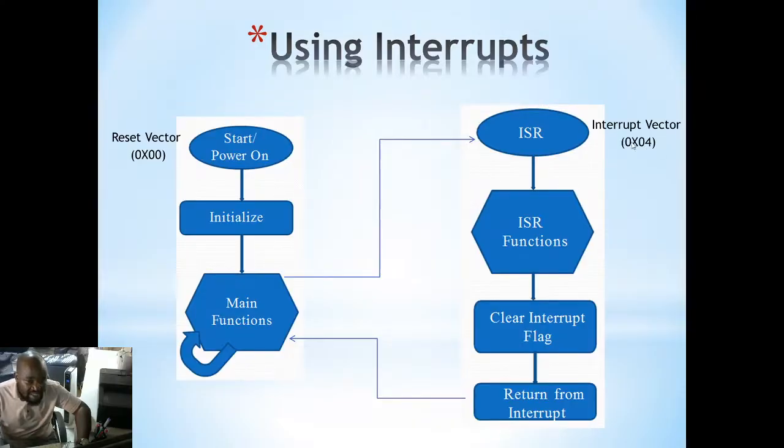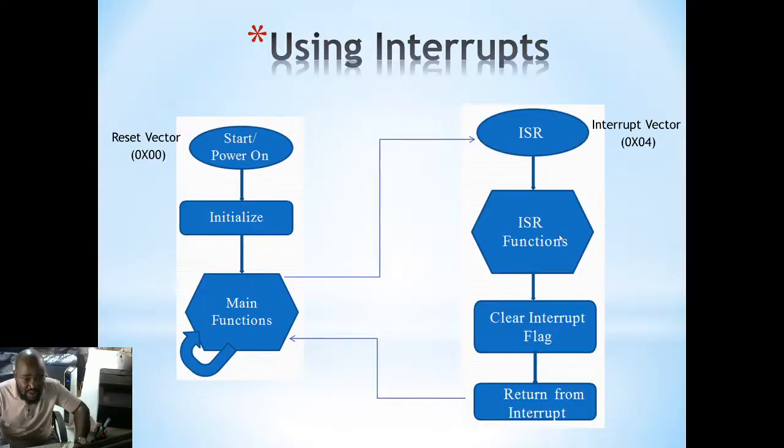For other versions of microcontrollers, the interrupt vector may be something else. For the PIC 18, for sure, it's 08, and for PIC 18 there are higher priority and lower priority interrupts. In this case, we have only one interrupt vector, which is 04. So whenever you get an interrupt, it jumps to address 04.